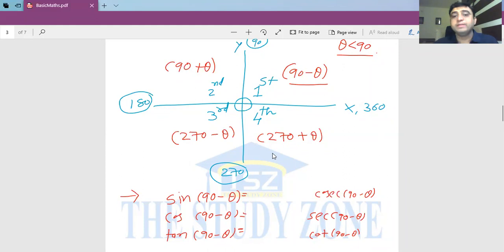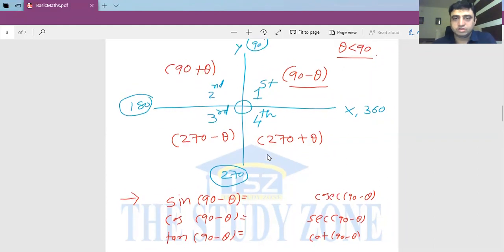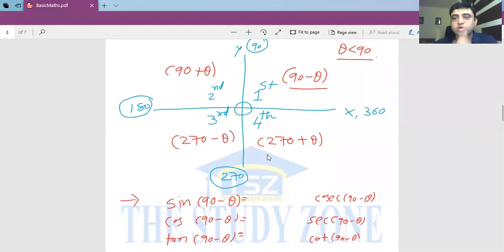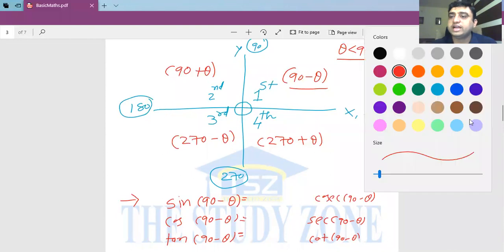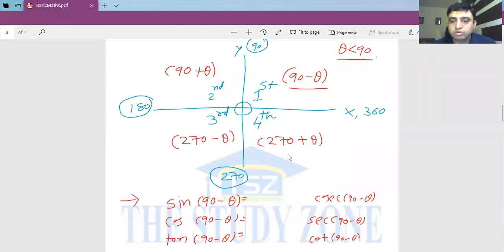Now you have to remember two basic rules. Whenever you have an angle represented in any of these four ways: 90 minus theta, 90 plus theta, 270 minus theta, 270 plus theta, then sine will be converted into cos, and cos will be converted to sine.